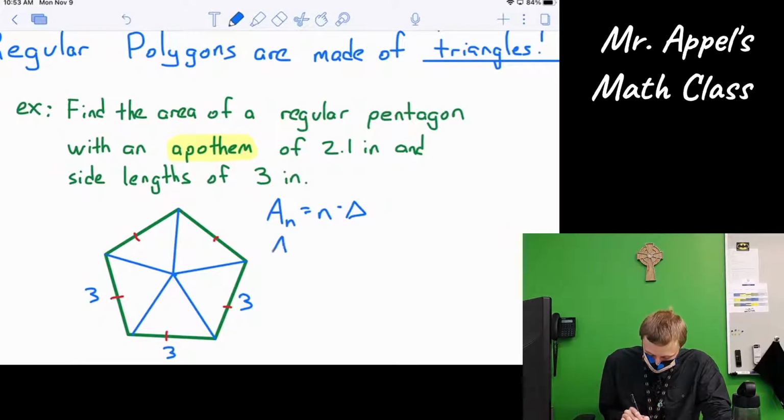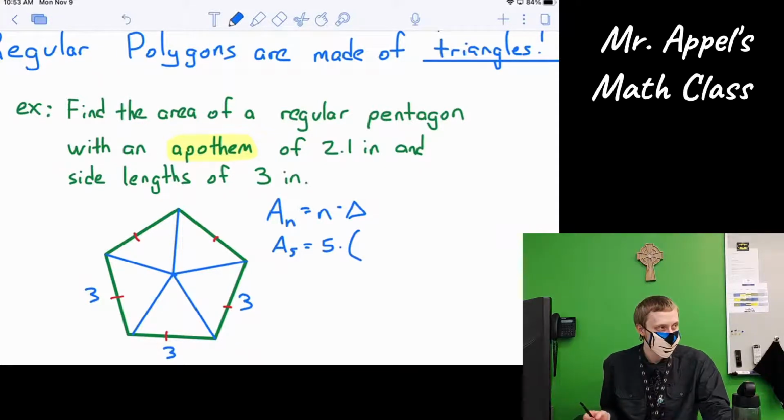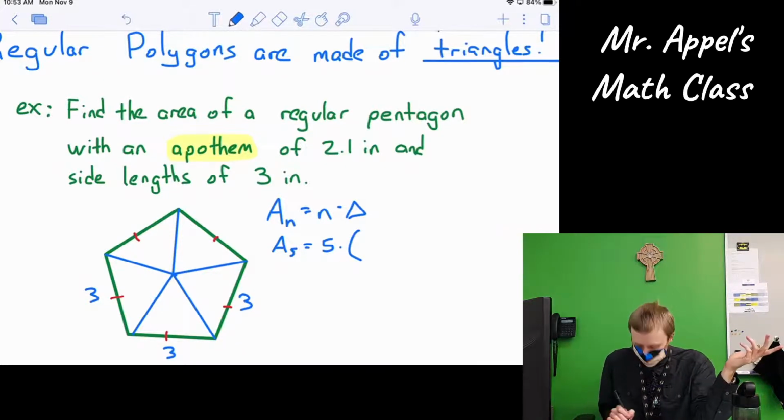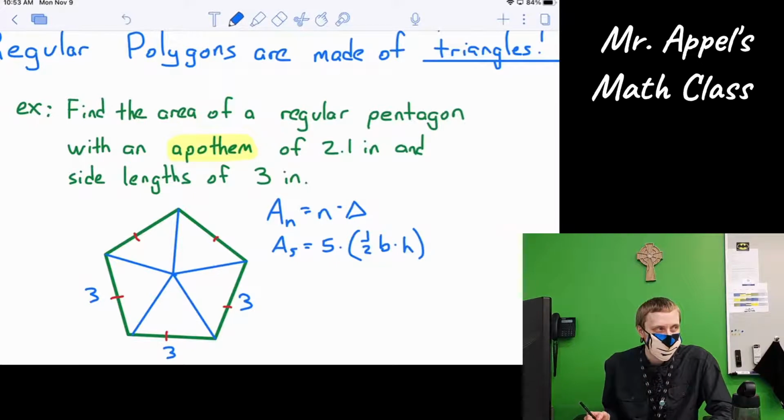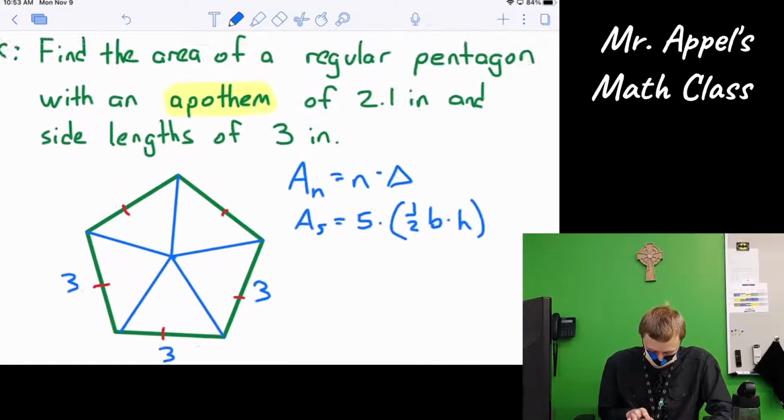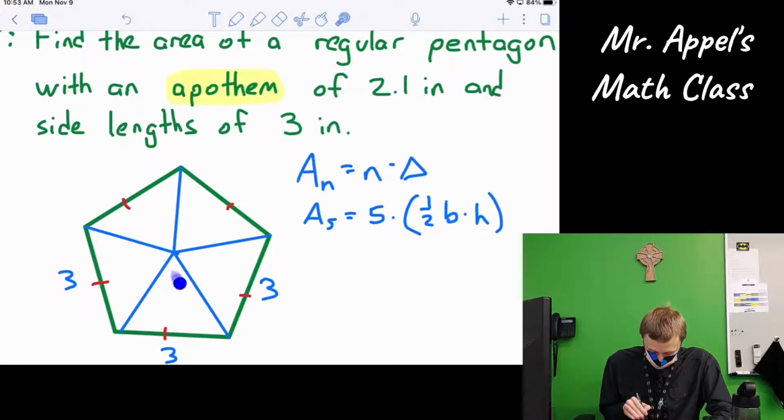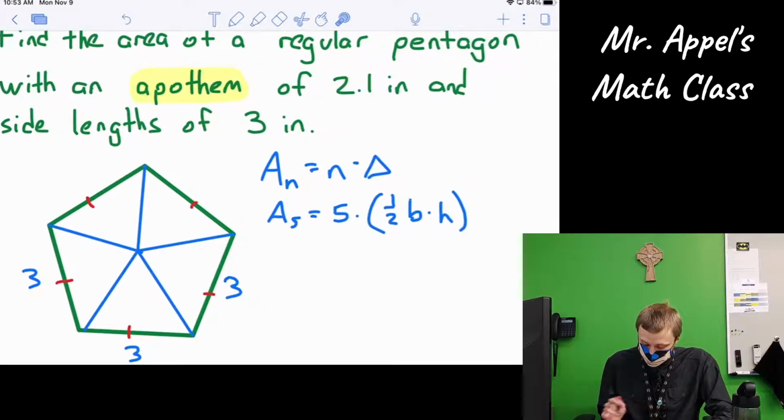So in our case, the area for our pentagon is 5 times the area of a triangle. Check back to your reference if you don't remember. 1/2 base times height. Okay. Here is our triangle. I know one of the side lengths is 3. Hey, that would make a really good base, wouldn't it?